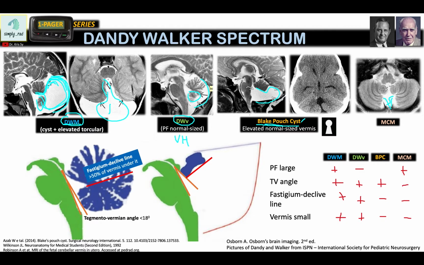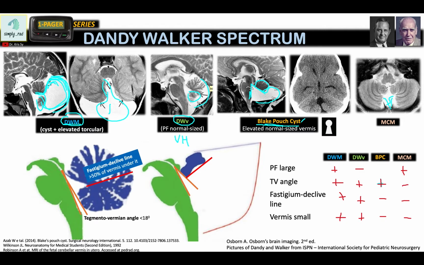So in Blake pouch cyst, you also have an increase in the tegmento-Vermian angle. However, this increase in the tegmento-Vermian angle is caused by a malposition or an elevation and rotation of the vermis.